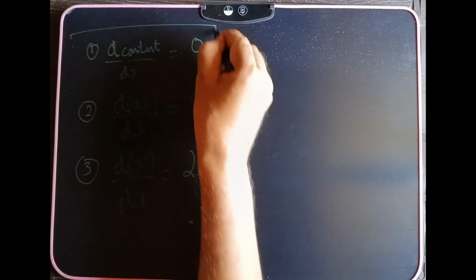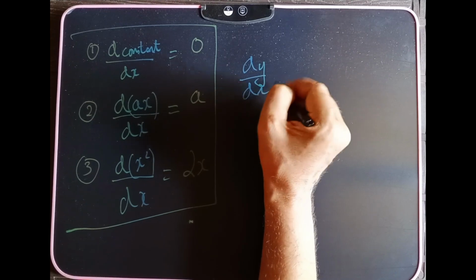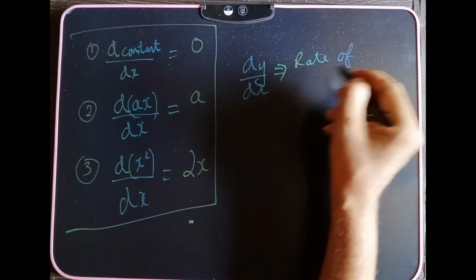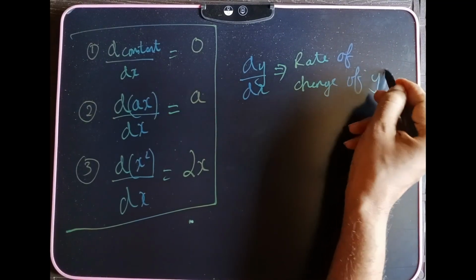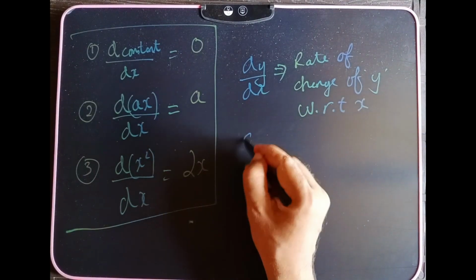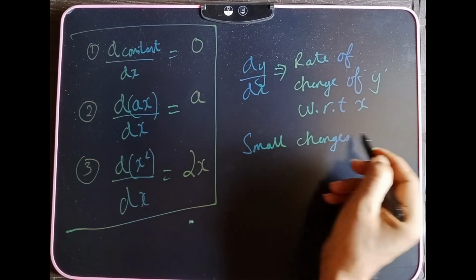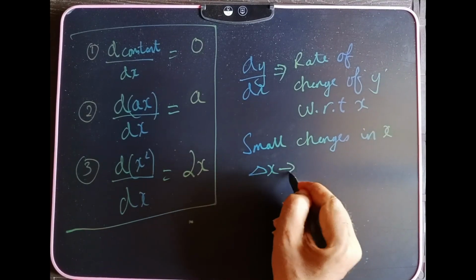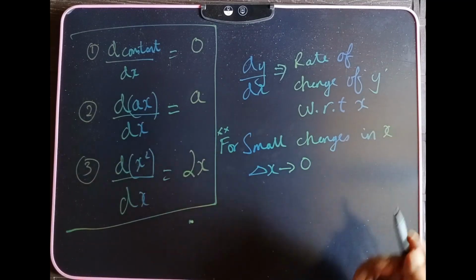So this is what we have seen, and the derivative, dy by dx, is nothing but the rate of change of y with respect to x, and this is for small changes in x, that means delta x tending to 0.